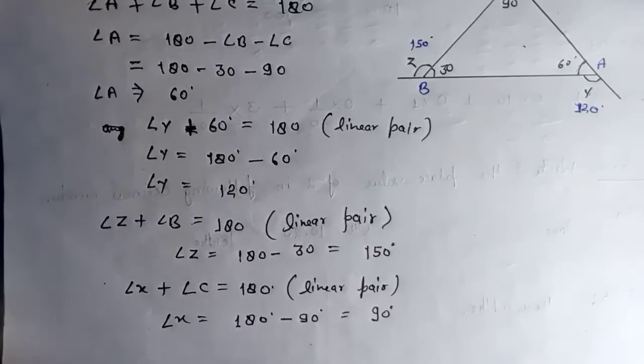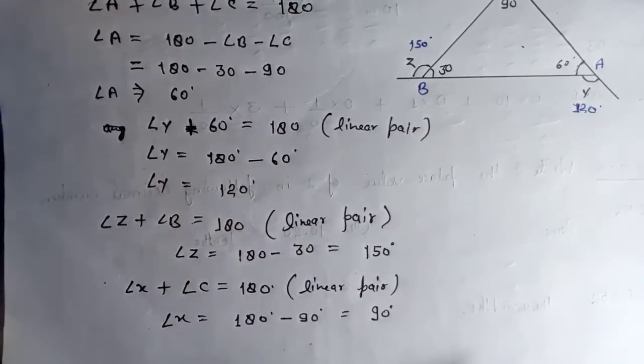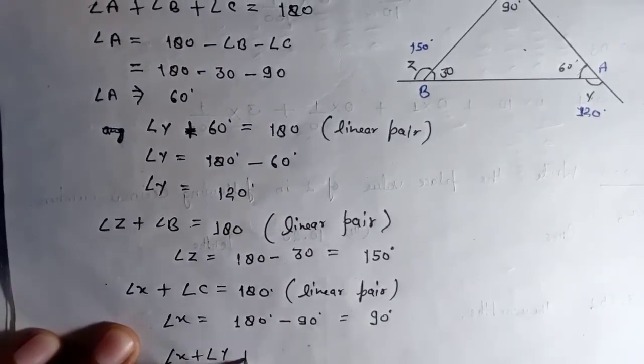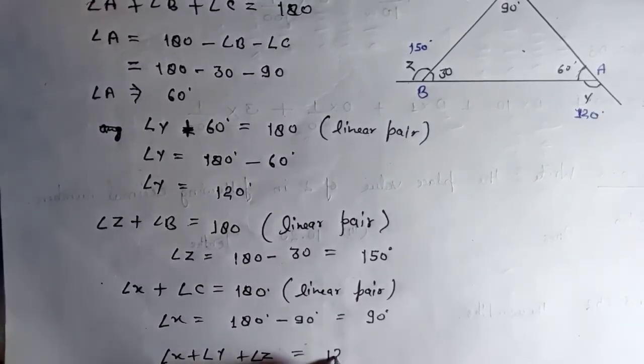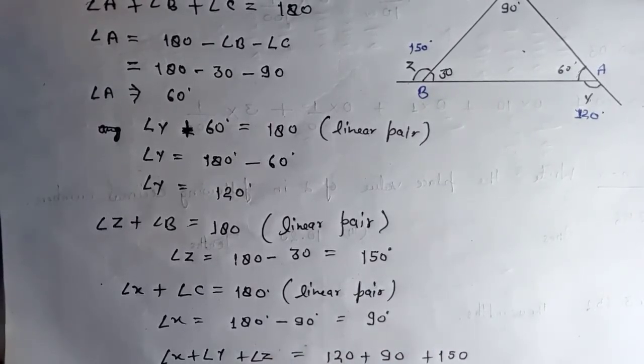So this is the value of angles Y, Z and X. We calculate angle X plus angle Y plus angle Z, that is 120 plus 90 plus 150, and that gives us the result 360 degrees. This is your answer.